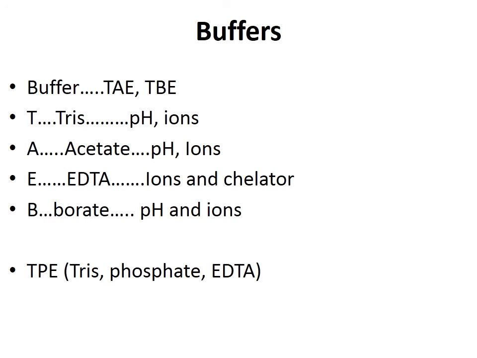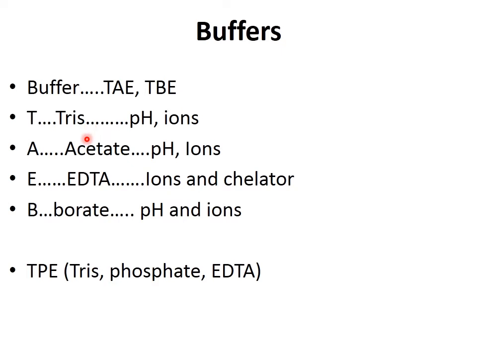The buffers which are used for agarose gel electrophoresis include TAE, TBE, and TPE buffers. TAE is one of the commonly used buffers. These buffers include tris chloride as a mechanism to regulate pH. This provides buffering, contributes to buffering capacity.